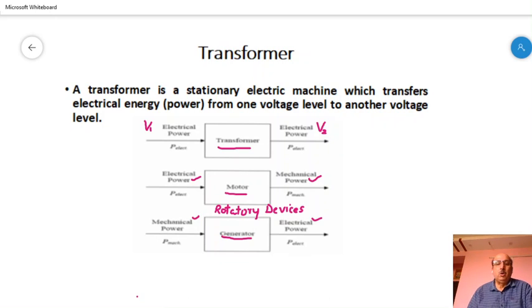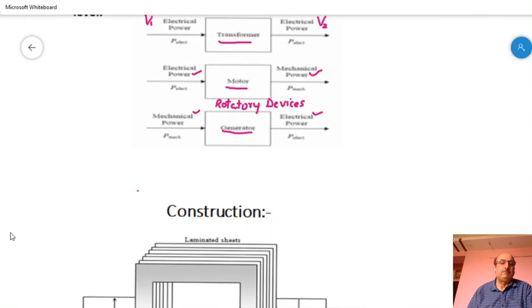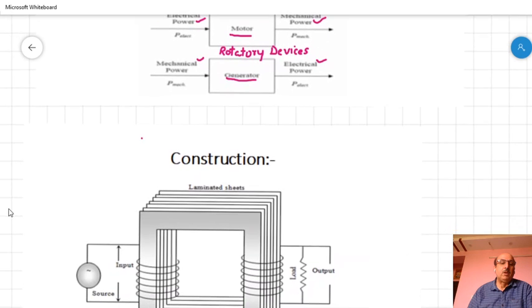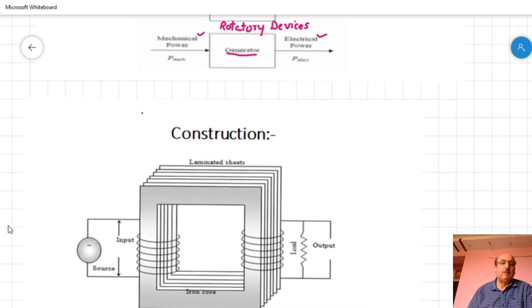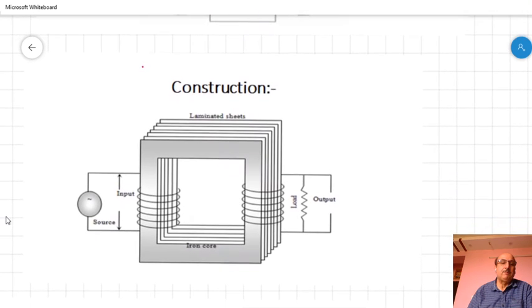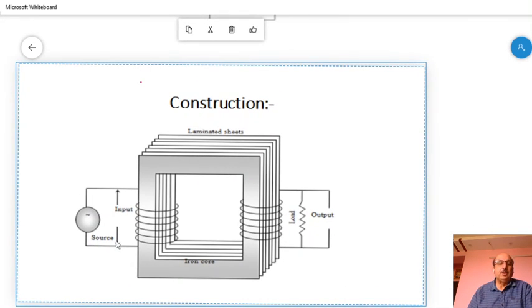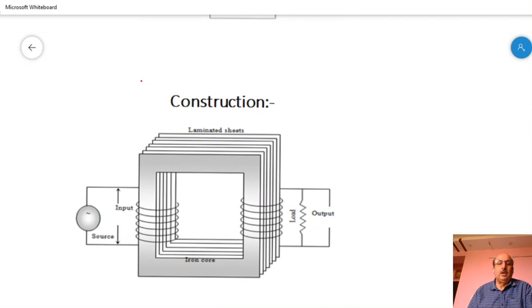Then what is the construction of a transformer? The construction of a transformer has some parts. It has two coils.